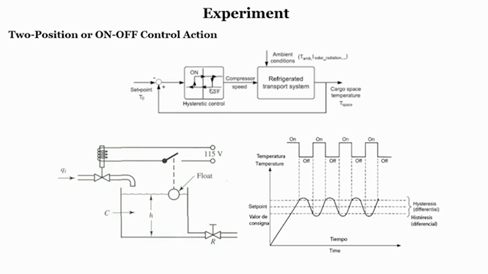Now, this is another example where you can see the two position control system, and this is the plot where we can see what our set point is, the designed or designated value, and what the hysteresis differential is. At the same time, how the temperature controller will work.